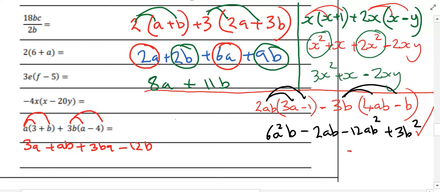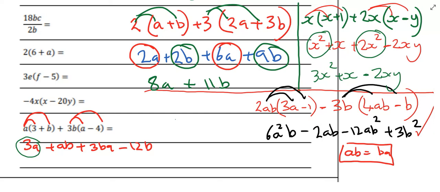And remember that AB is exactly the same as BA. So let's circle the like terms. We have A's, we have AB's, we've got an AB there, we've got an AB there, and we just got B's.